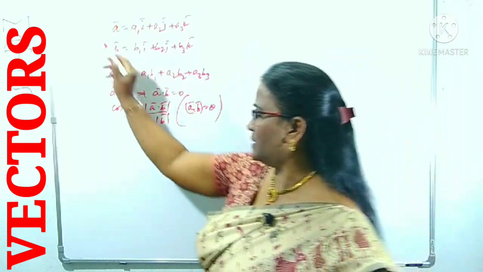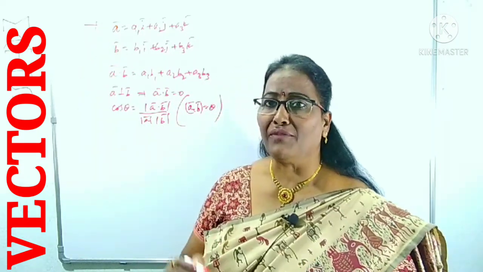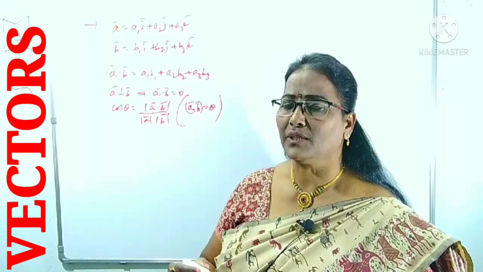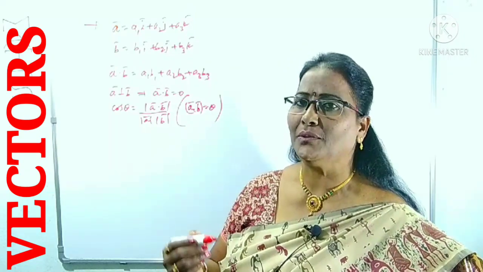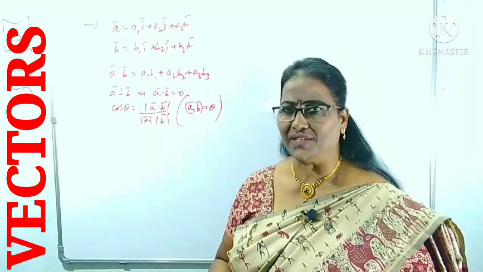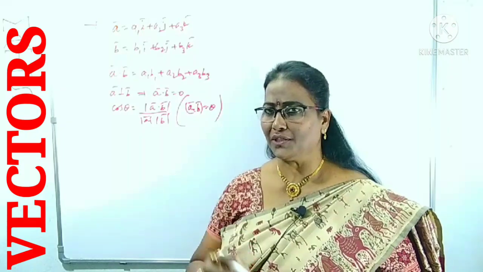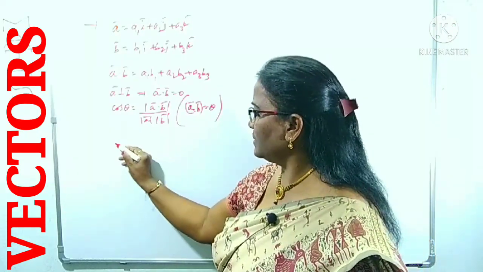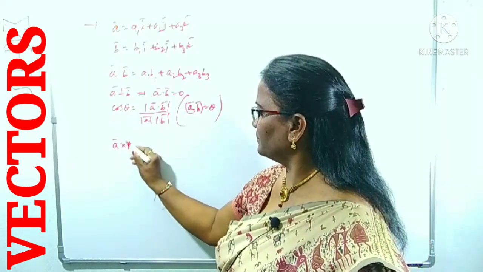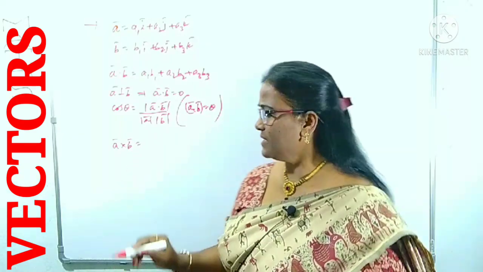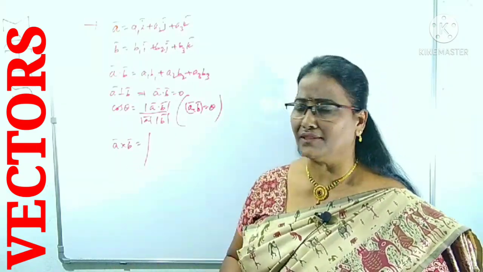And also we can look at the cross product. I am revising briefly because this is mostly helpful to you to crack any question of vectors, especially product of vectors. Now what is A cross B? We get A cross B by the determinant form.